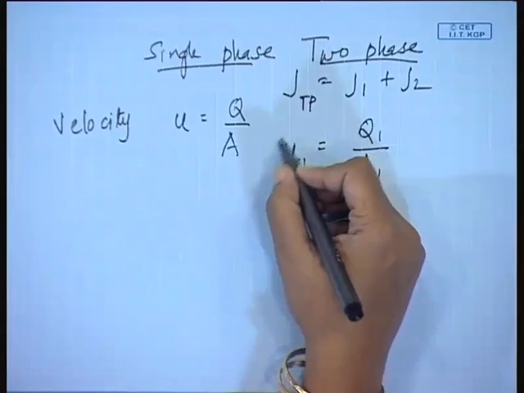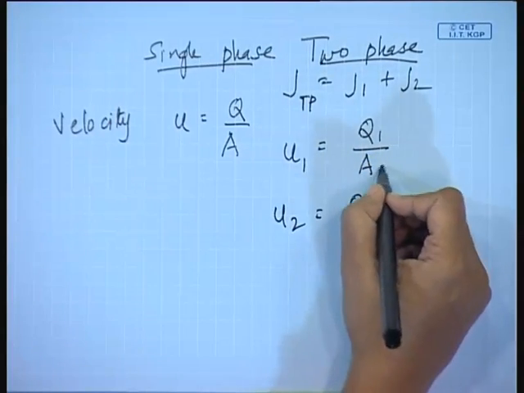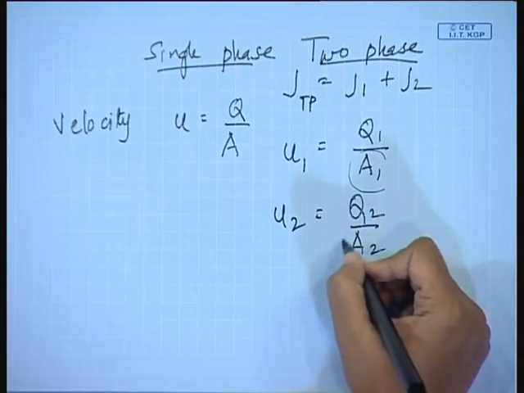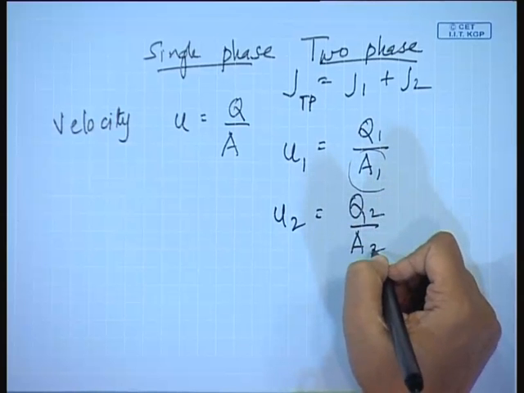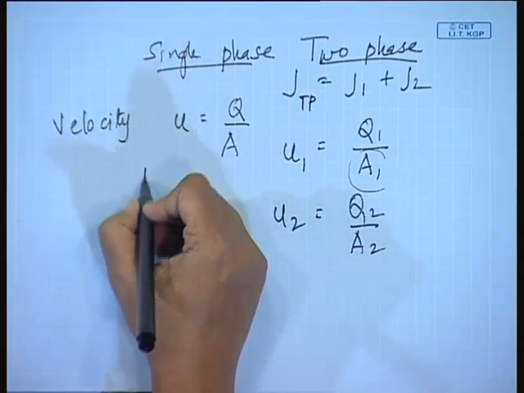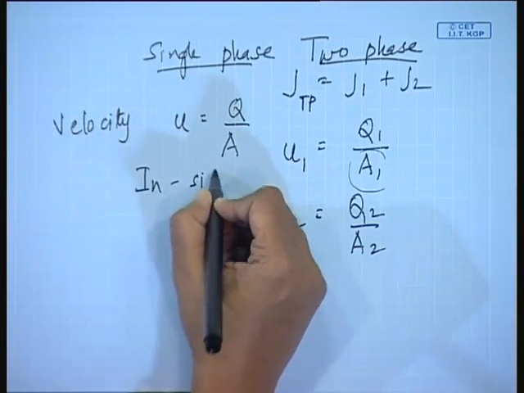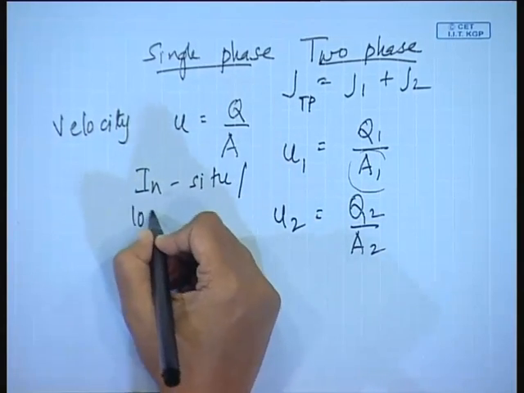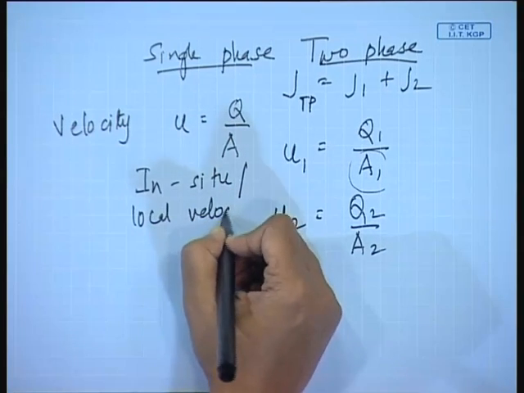So, therefore, apart from these local velocities u1 and u2, the velocities which happen inside the pipe depending upon how much of the area has been occupied, these are known as the in situ or the local velocities.